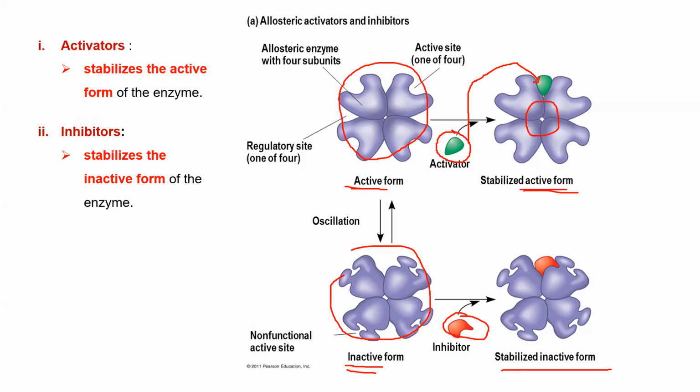Only one is needed. Or only one inhibitor is needed to bind to the allosteric site and cause all subunits of the enzyme to be in the inactive form. So that's how regulatory molecules work.